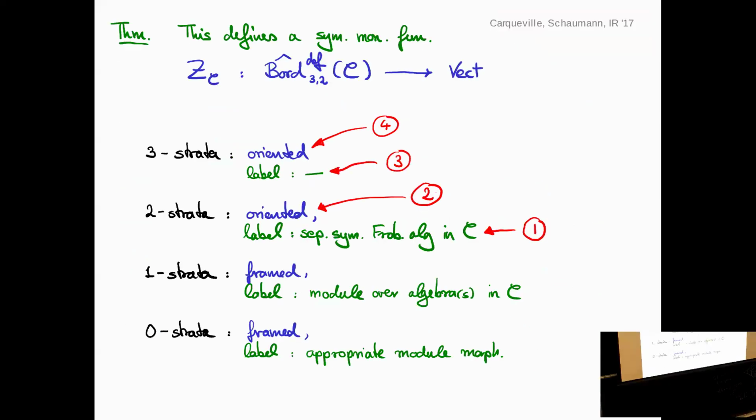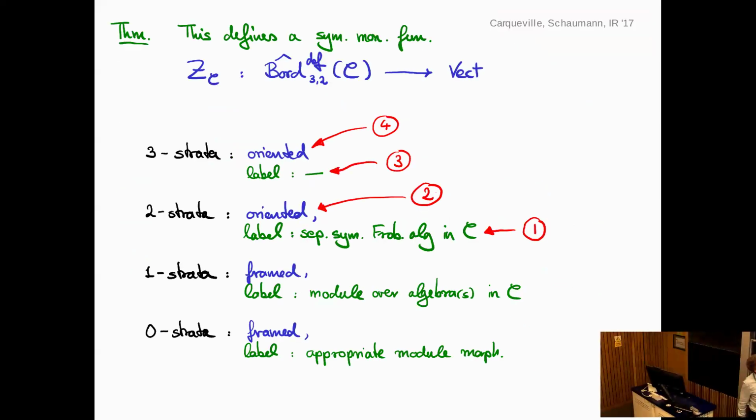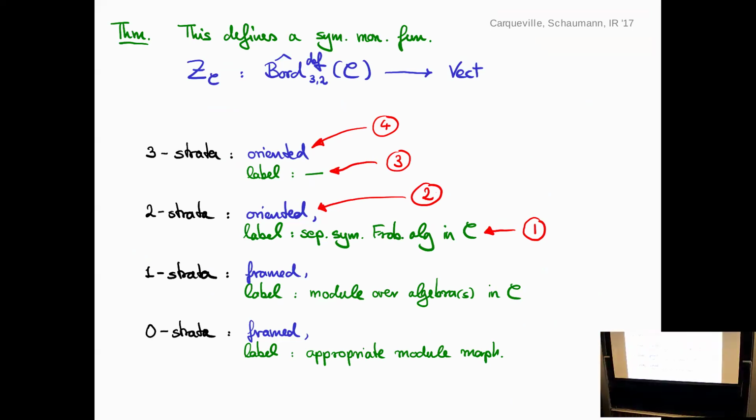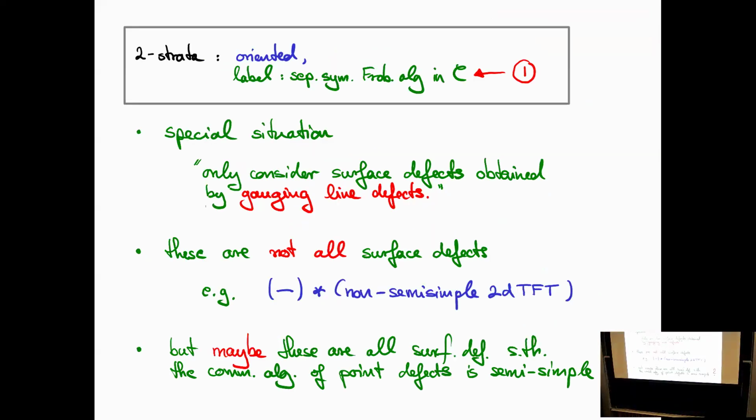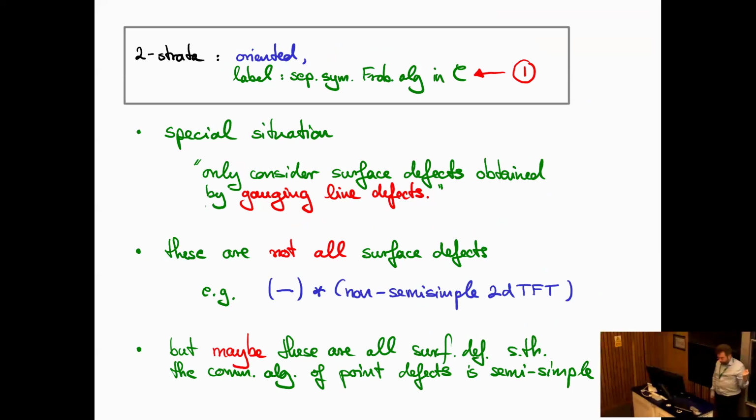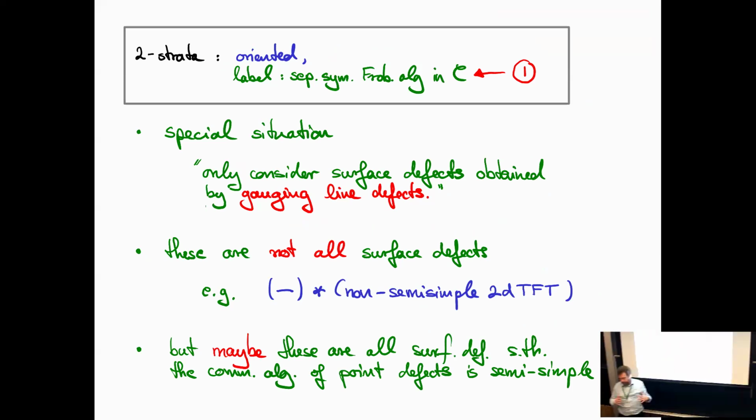So back to the things I want to make comments about. So the first one was this one. I said the 2 strata are labeled by separable symmetric Frobenius algebras. So that a priori is a very special situation, because what I'm doing is I'm saying I'm only looking at surface defects which are obtained by gauging line defects on the surface.